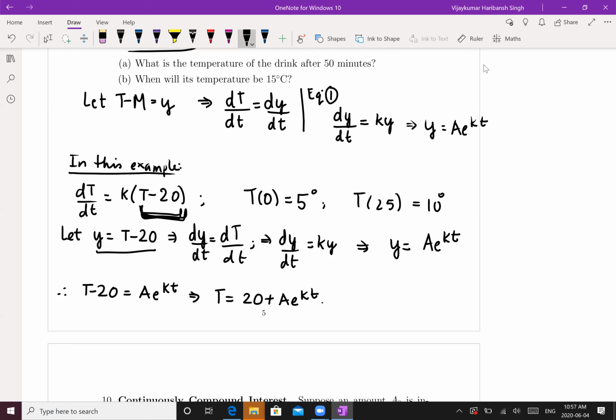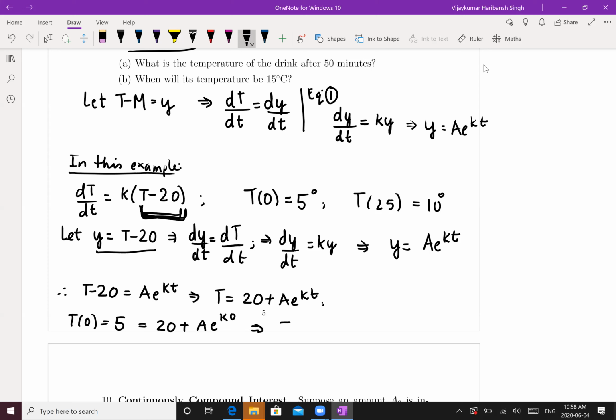We will let t of 0 be, on one hand, 5, and on the other hand, it is given to us by the formula 20 plus a e to the power k times 0. So e to the power k times 0, right?